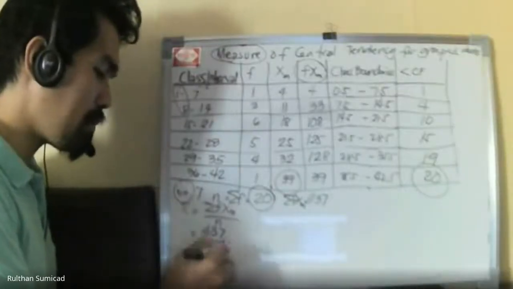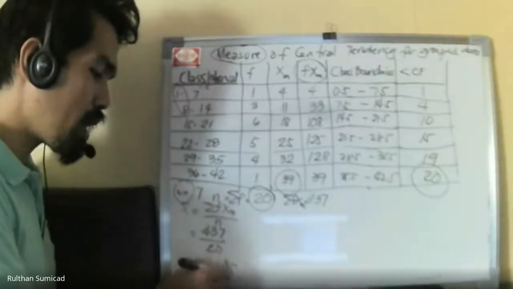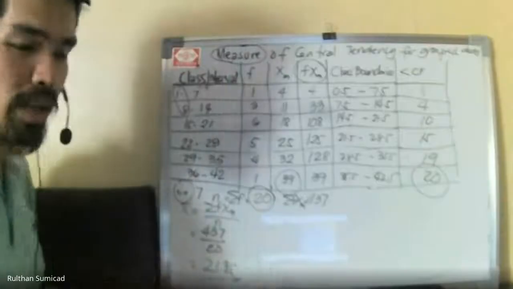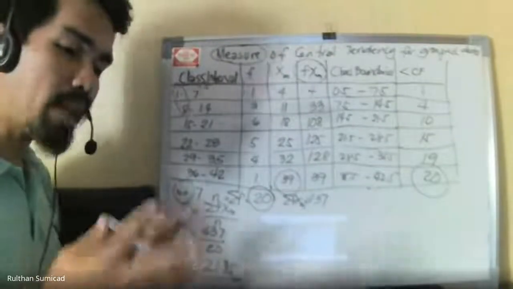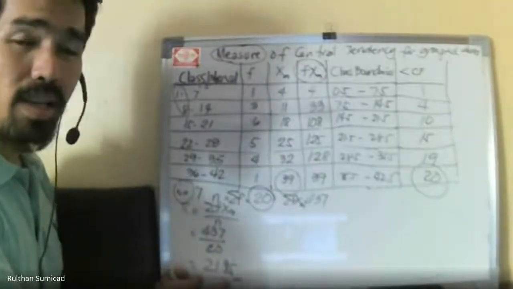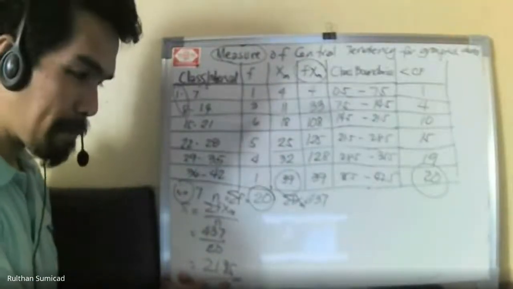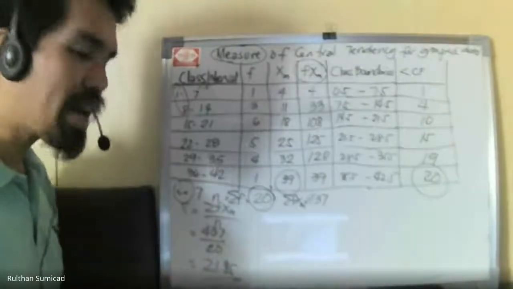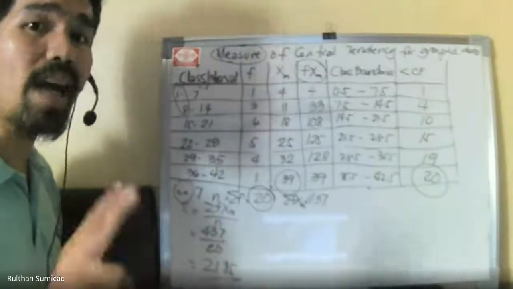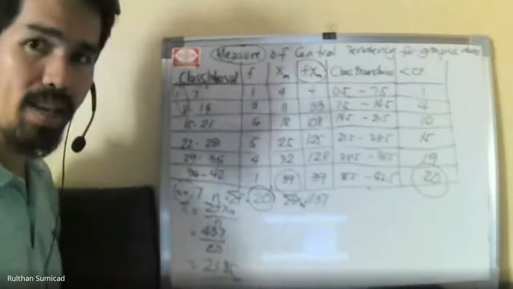21.85 sir. That's 21.85. Because we cannot also consider an answer that is point something. You have to give me at least the answer. Now you have to take note that sometimes you don't expect this to be two decimal places right away. But for uniformity of our answer, your answer must be rounded to the nearest hundredths, so two decimal places.